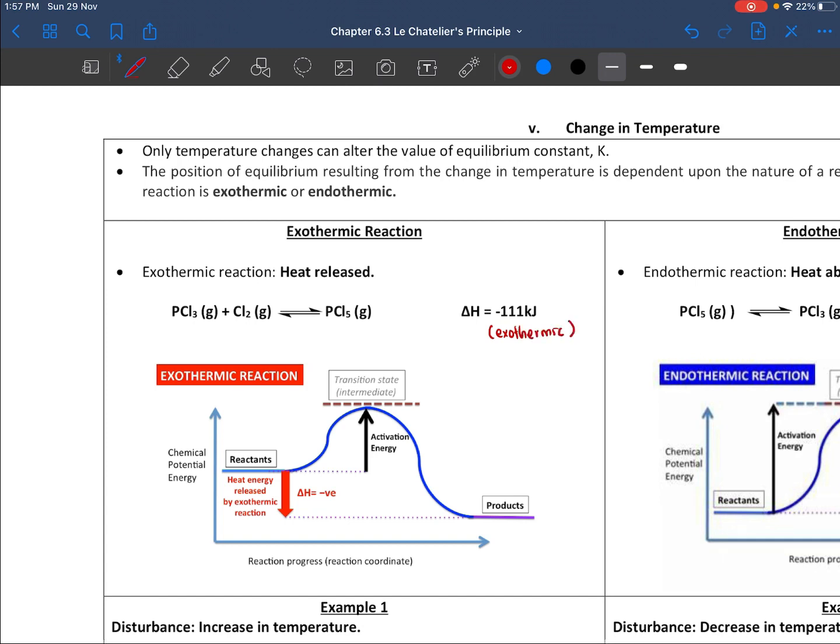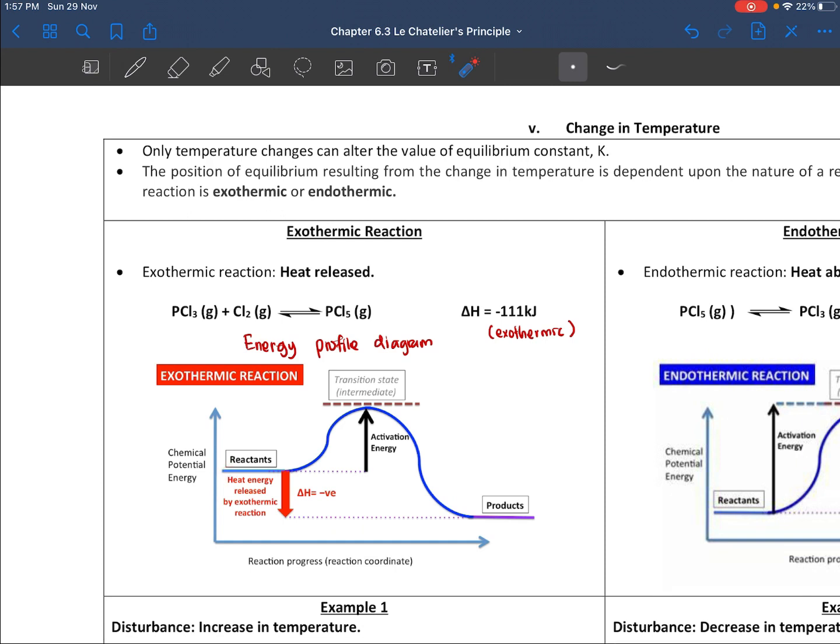Okay, so kenapa delta H negatif exothermic? Okay, so kita tengok kepada this energy profile diagram. Okay, so ini nama dia energy profile diagram. Alright, so dalam energy profile diagram, y-axis dia adalah potential energy, x-axis adalah reaction progress.